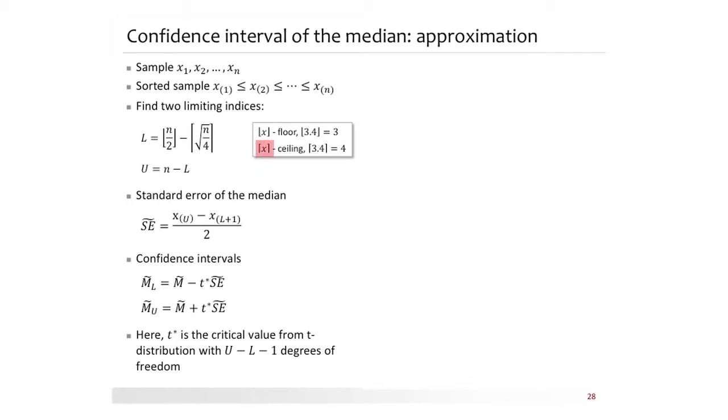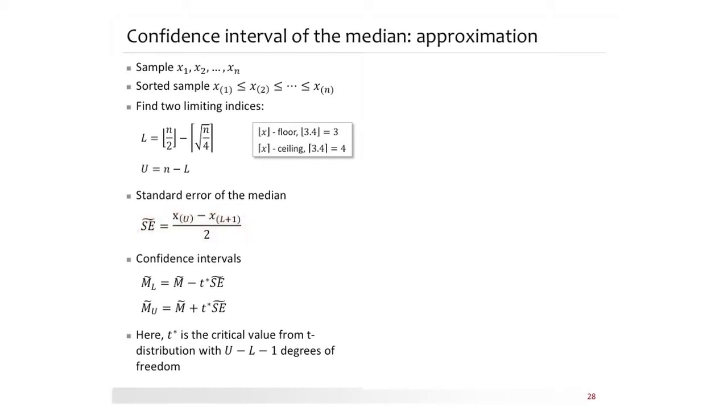This one is called ceiling. It's the smallest integer that is larger than a given number. Ceiling of 3.4 would be 4. It's quite simple. So you find these two limits, L and the other one, which is just n minus L. And then from this, you can calculate the standard error of the median, which is the value x at this point minus the value at this point, divided by 2.